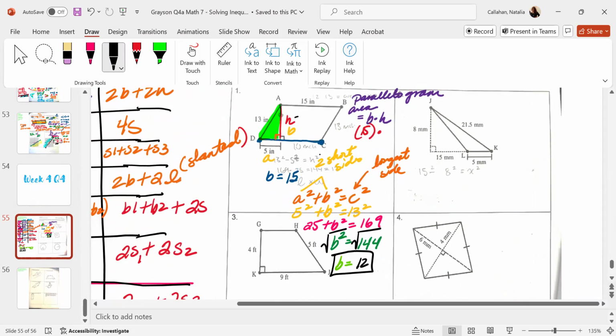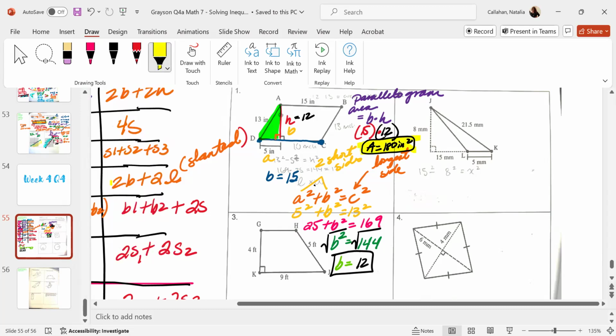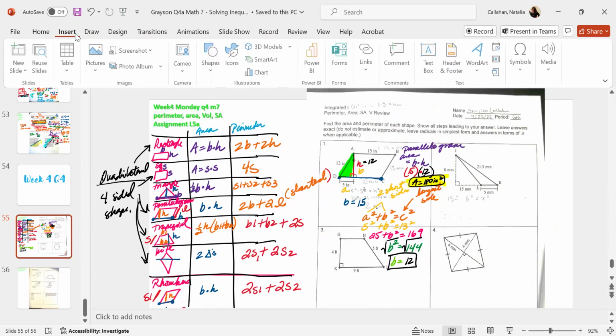Now we can go back to the question. Height is now 12. What's 15 times 12? It's okay, take your time. 180.